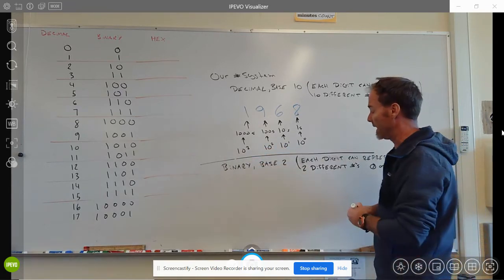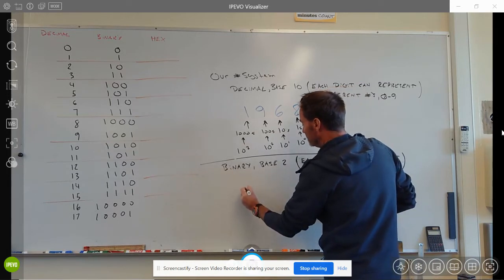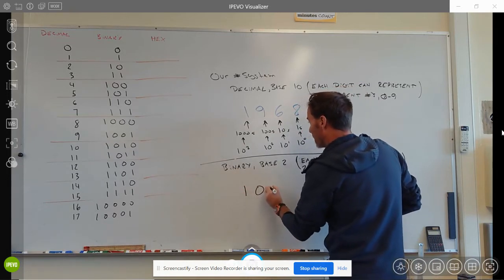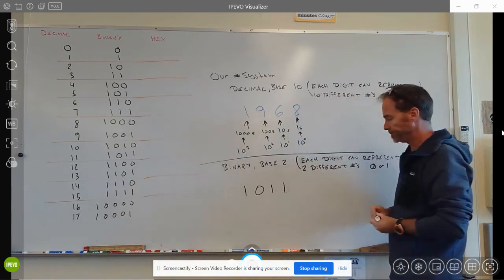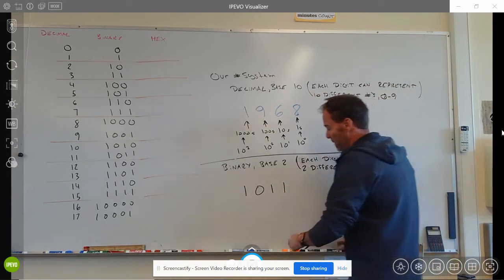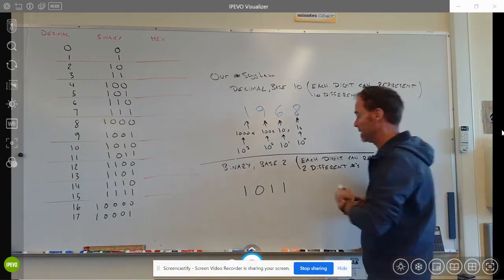If I take any binary number, let's do 1, 0, 1, 1, my base is 2, right?